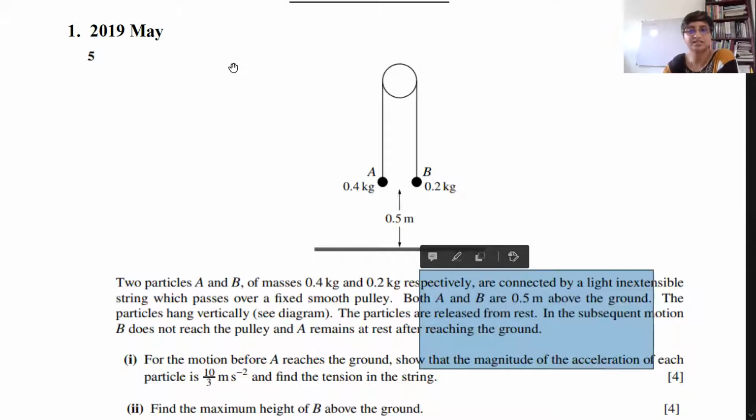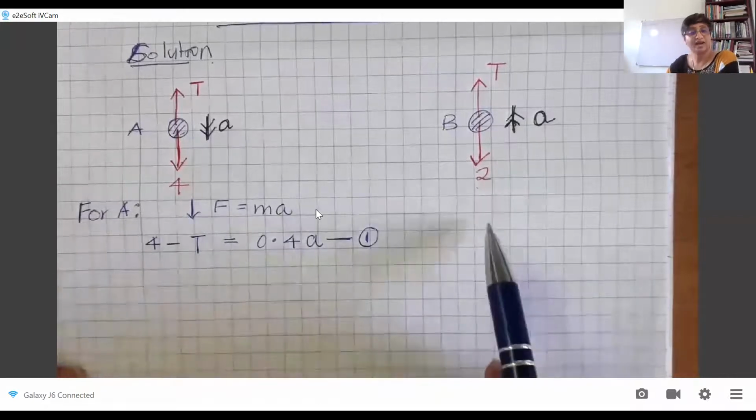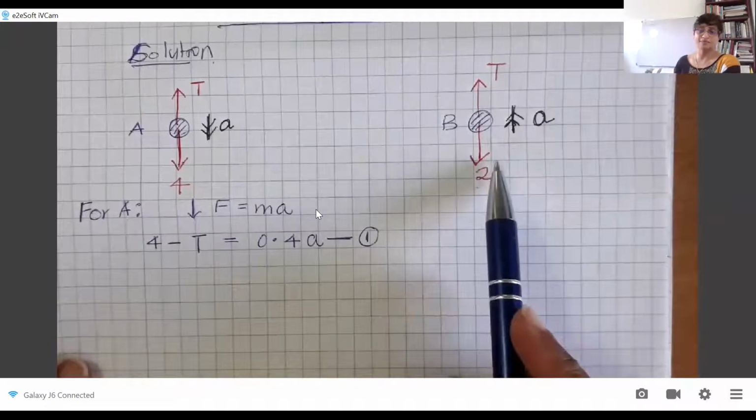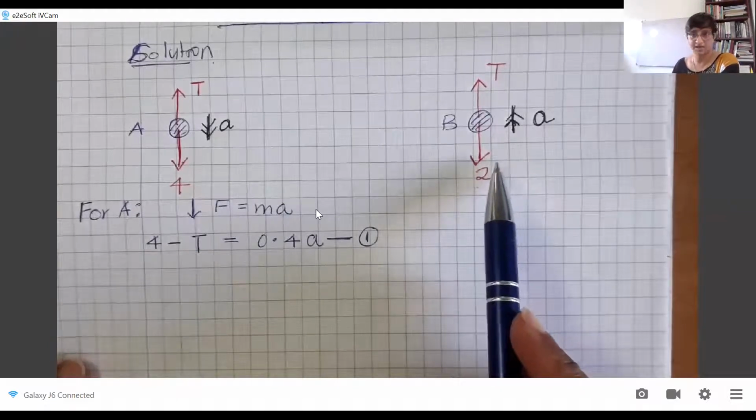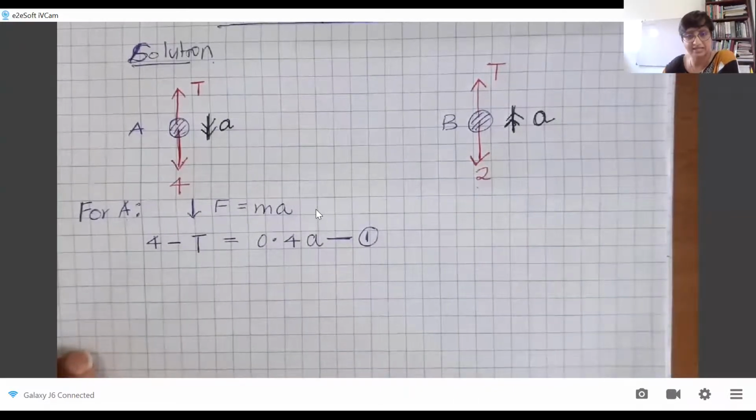I hope you can see now that if I apply F equals ma to the other particle B, I can obtain another equation involving A and T, and then maybe I can solve the two simultaneously and find them. This is what happens in every connected particles question, right? So now you keep this first equation as it is, go to B and apply.